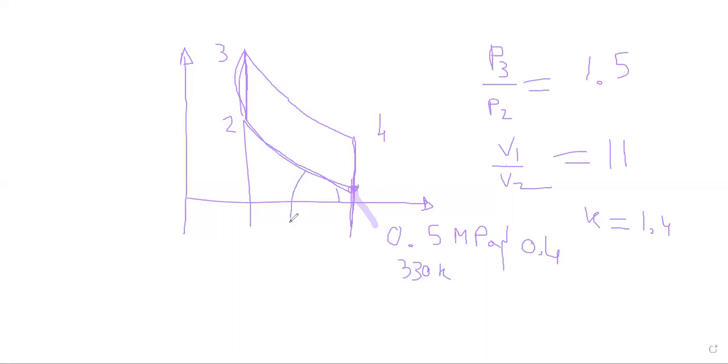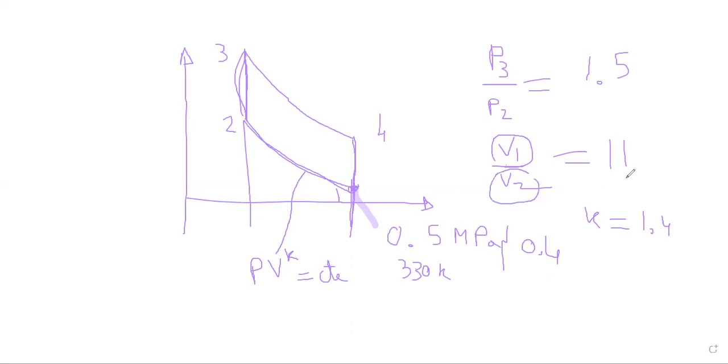And we know from our previous analysis that this compression phase is an adiabatic process. So the equation of this process is PV to the power K equals a constant. From the information provided, since we know the value of V1, we can deduce the value of V2.